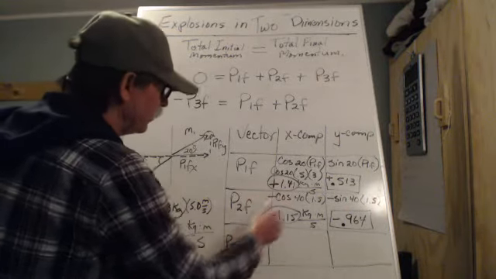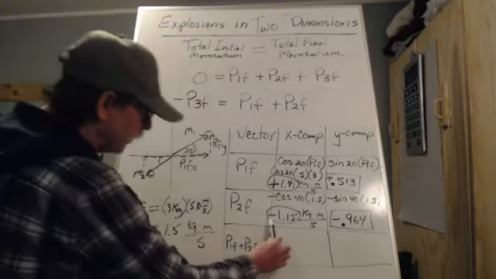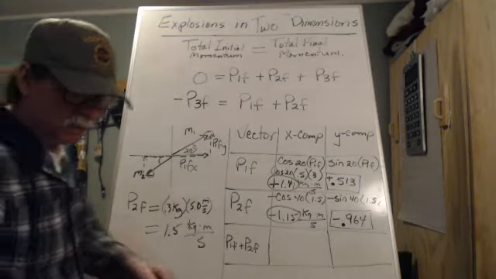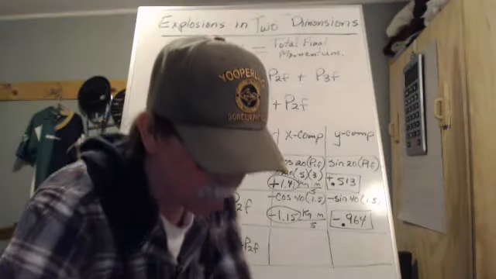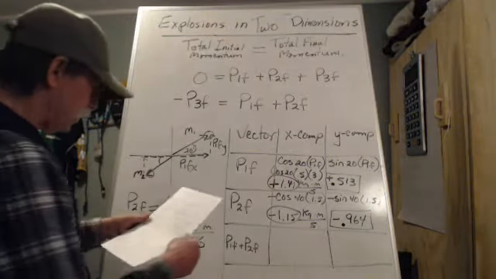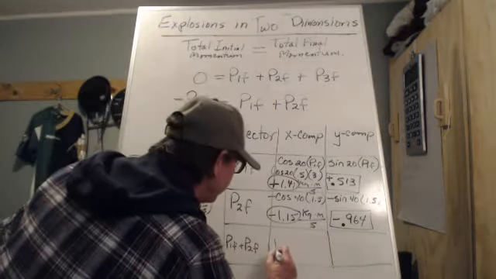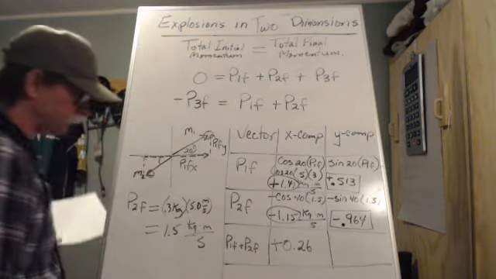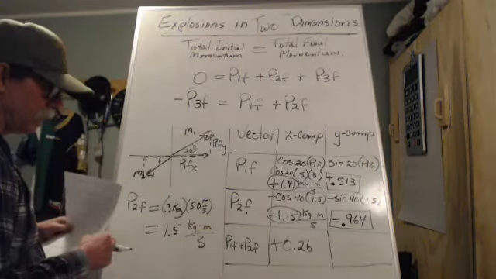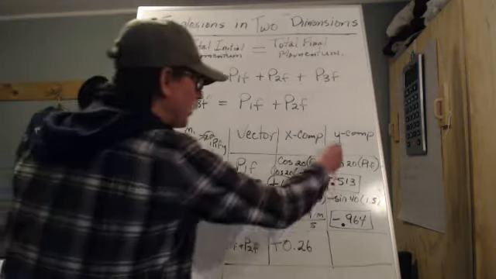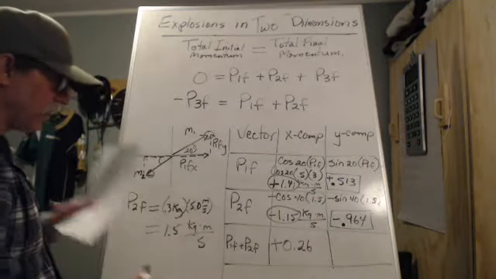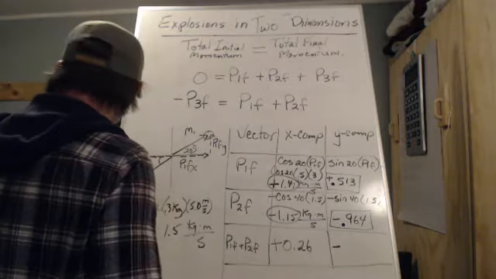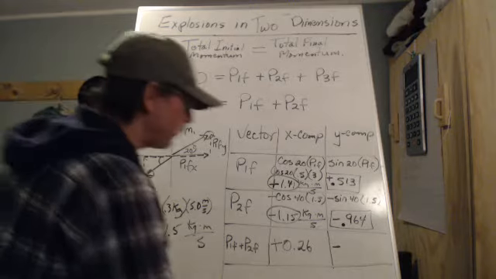So 1.41 plus a negative 1.15 is going to give me positive 0.26. And over here in the y direction, we are going to have negative 0.451.